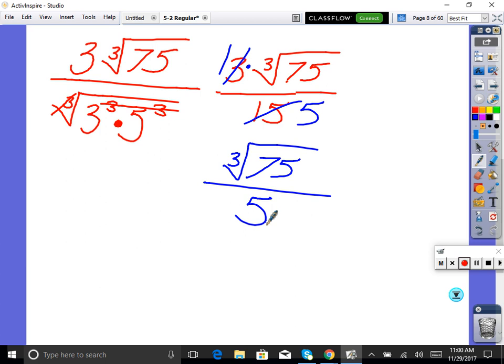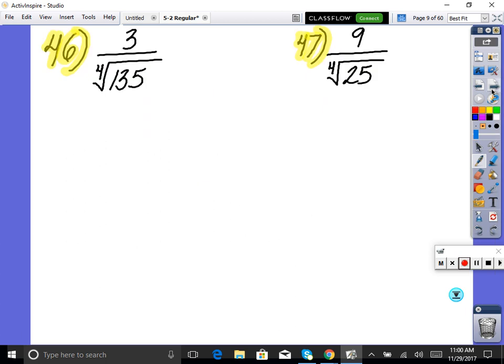Let's do another one. It just takes a couple more of practice. Okay, look at 46. So we have 3 over the 4th root of 135. We're going to need it to be to the 4th power to have root cancel out with power. Let's break down 135 though so that we can do the least amount possible. 135 is what times what?